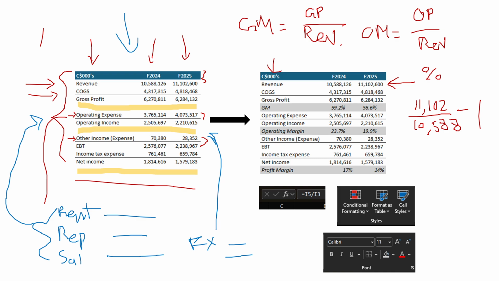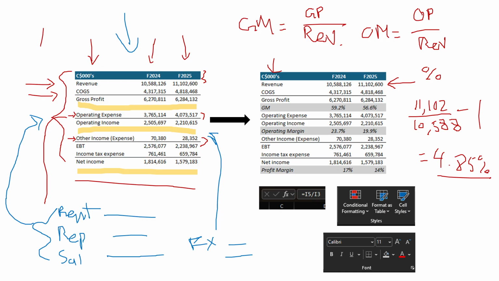This is the percent change, and if I plug it into my calculator real quick, 11102 divided by 10588 minus 1. It comes out to 4.85%. So the revenues grew by 4.85% year over year.